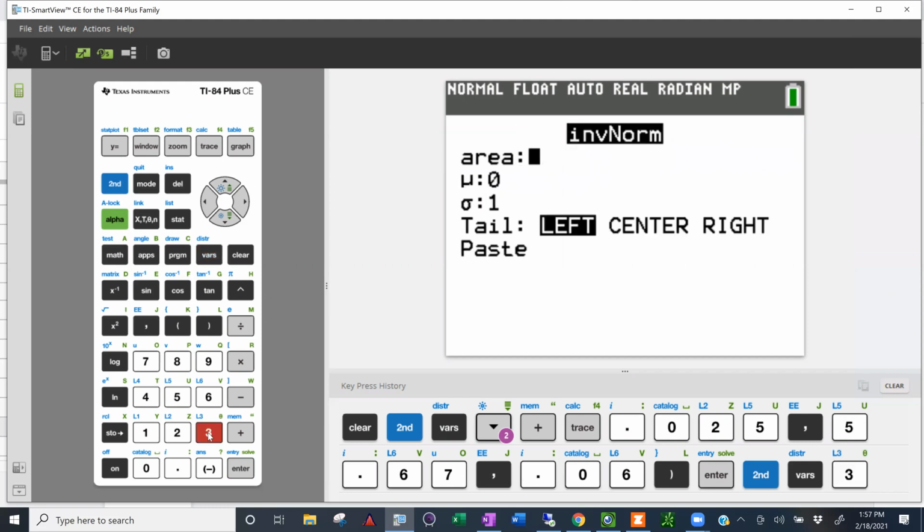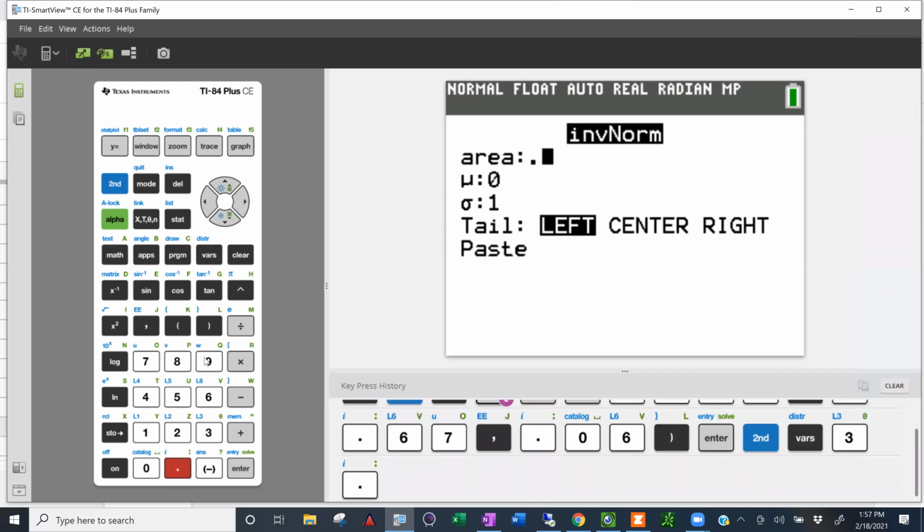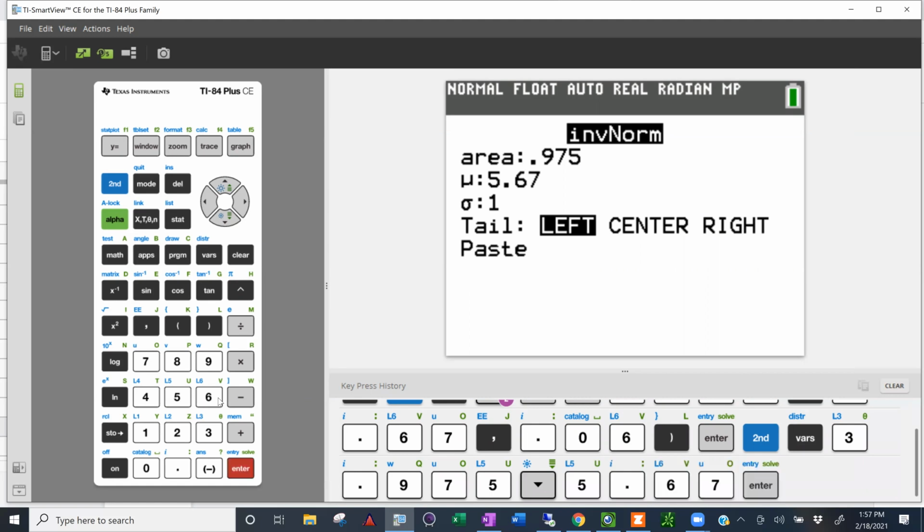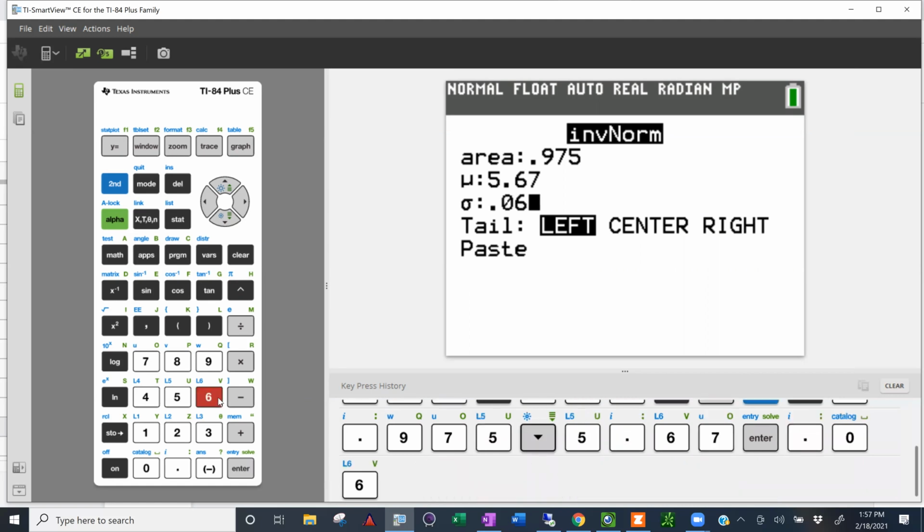This time I'm going to do it with a menu-driven option. Let's see, area, well, let's do 0.975. The mean is 5.67. Standard deviation is 0.06. And I want the area in the left tail.